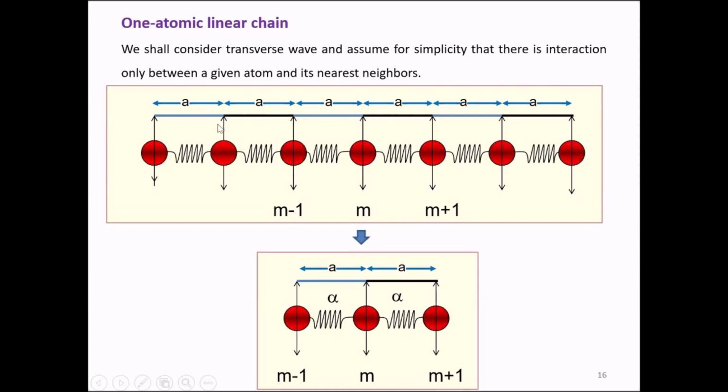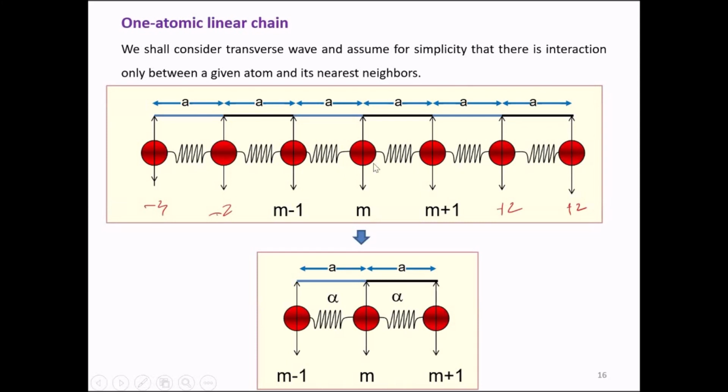We can denote the cell of each atom as m, the right neighbor is m plus 1, then m plus 2 and m plus 3, and to the left m minus 1, m minus 2 and m minus 3 too.